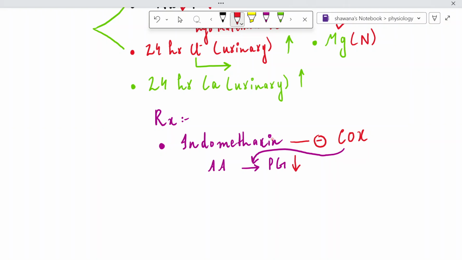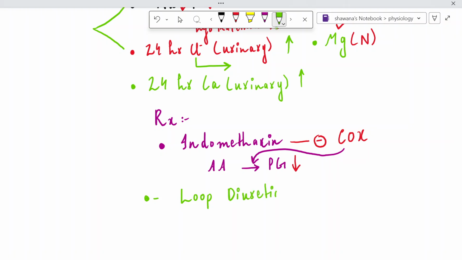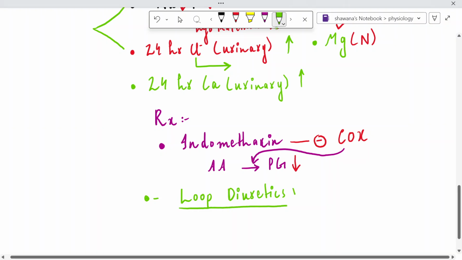As we are discussing Bartter syndrome, one last but not the least thing is that Bartter syndrome has the same symptoms as the chronic use of loop diuretics. If a person is on loop diuretics chronically, for 10 years or 15 years, the symptoms are just like Bartter syndrome. And what is included in loop diuretics?